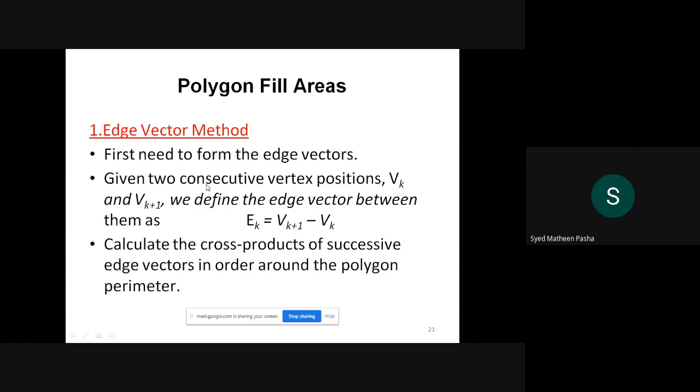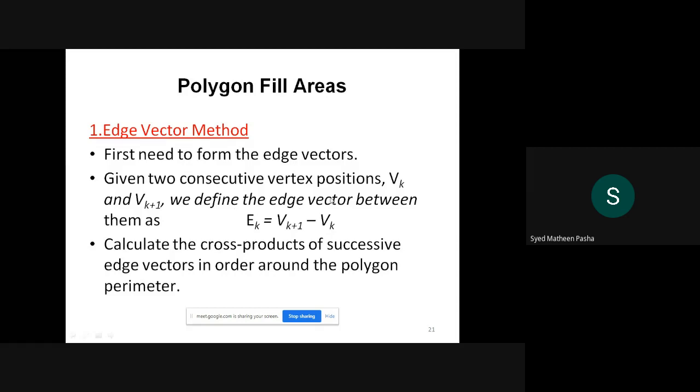What we are doing in the edge vector method is, to be simple, first we'll form edge vectors. That is nothing but first we'll consider each and every edge in that particular polygon. Given two consecutive vertex positions, I will represent Vk as well as Vk plus 1 as two vertices, that is nothing but two vertex positions in the object.